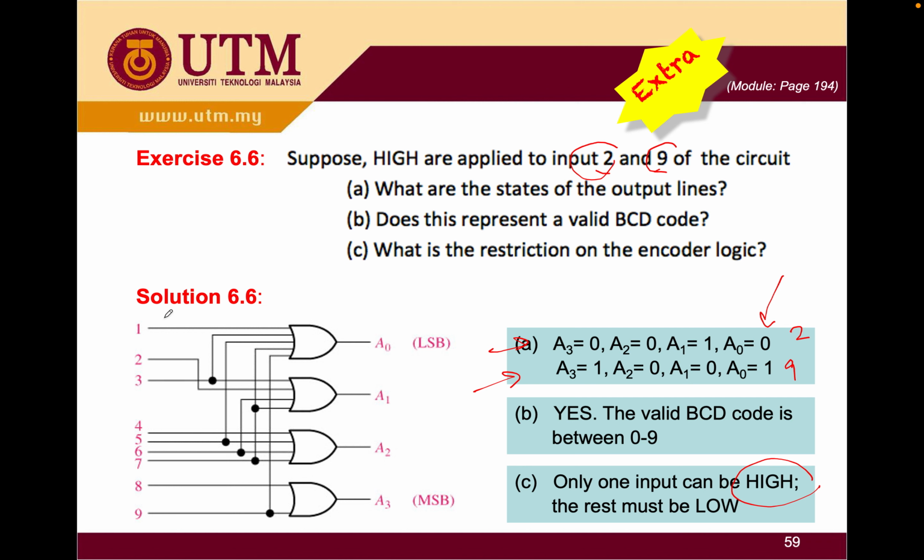So just now when I had two inputs together, this might be confused. If you apply input 2 and another at the same time, you're going to have an invalid output, because for an encoder only one input needs to be high at a time.